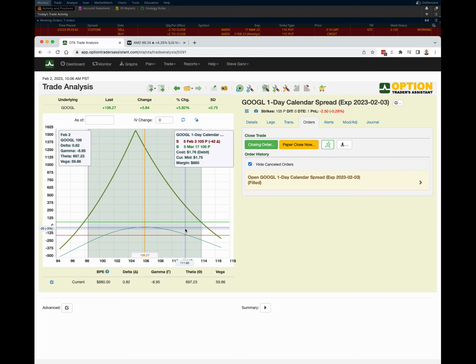There are certain things I've done in putting on this trade that, if it doesn't go how I expect, give me some opportunities to deal with it, to work it into a position that should at least have a greatly reduced loss, if not possibly a profit. But it has to be put on right to begin with in order to allow those things to happen. So let's see where this one goes for us tomorrow.